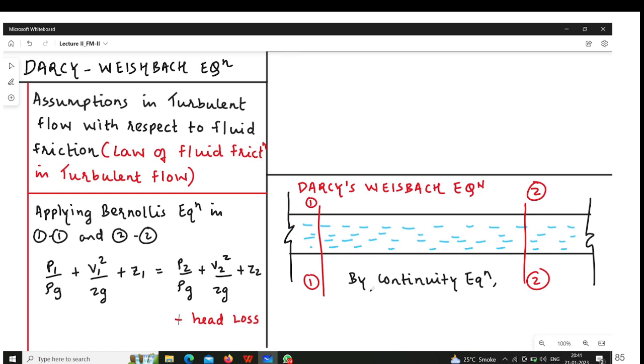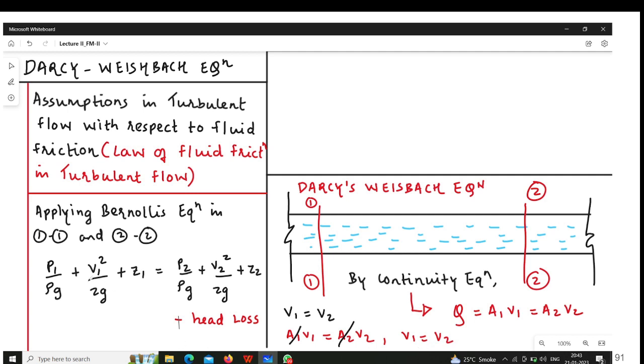Now you see by continuity equation, what is continuity equation? Continuity equation is Q equal to A1 V1 equal to A2 V2. A1 is area of pipe at section 1-1, A2 is area of pipe at section 2-2, V1 velocity at section 1-1, V2 velocity at section 2-2. Since the pipe is uniform, uniform means diameter is same, A1 is equal to A2, and by continuity equation V1 will be equal to V2.